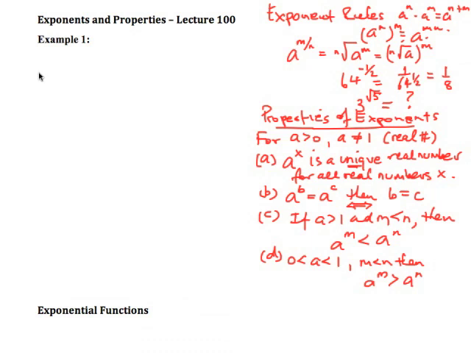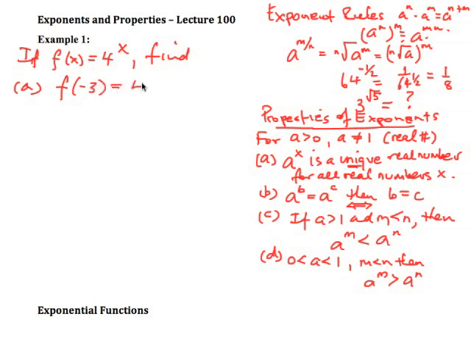Right, so let's look at some examples of this. Let's suppose that f of x is equal to 4 to the x. Now, let's suppose we want to find part A, f of negative 3.